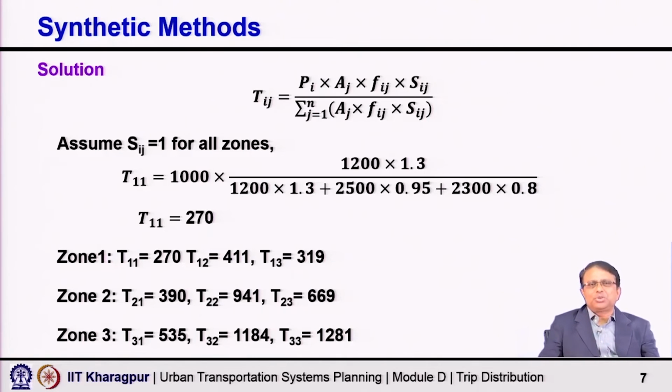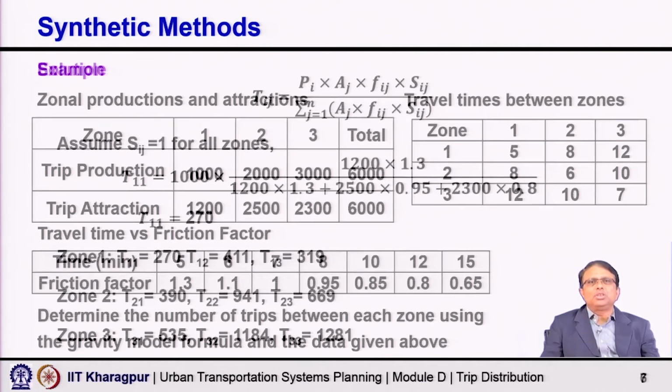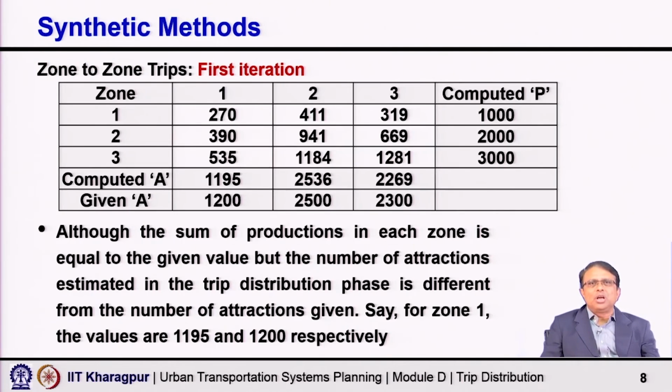Zone 3, what is the attraction? 2300, we should get 2300. How much did we get? We got 2269. So, you can see the productions for zones 1, 2, 3 in this example matched exactly with our targets, but the attractions did not match because we used a singly constrained model.